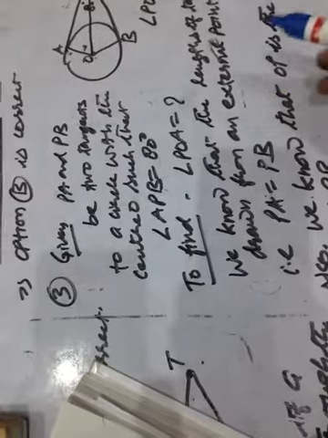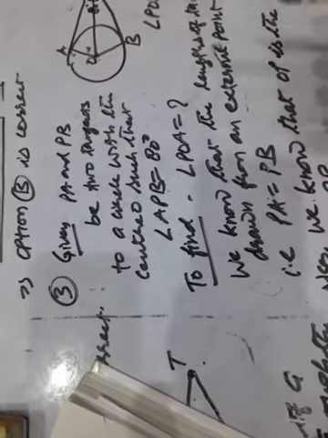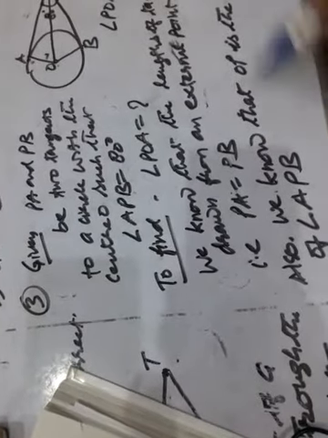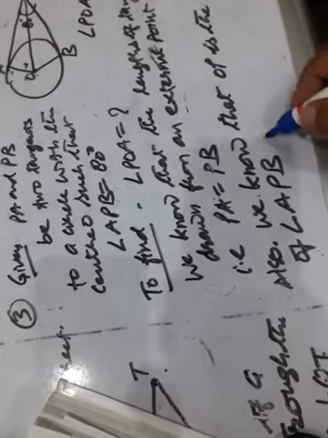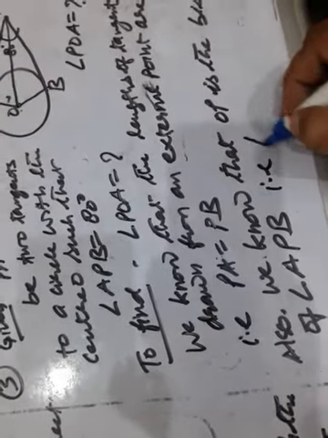Clear? In the last theorem that we proved, we did not give angle APB. We know that OP is the bisector of angle APB.